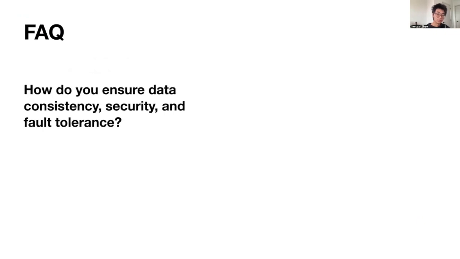And the second question: how do you ensure data consistency, security, and fault tolerance? All of our data access objects are thread safe. We serialize objects to files for persistence with operations such as add, update, and delete. Each account action is immediately written to the disk.